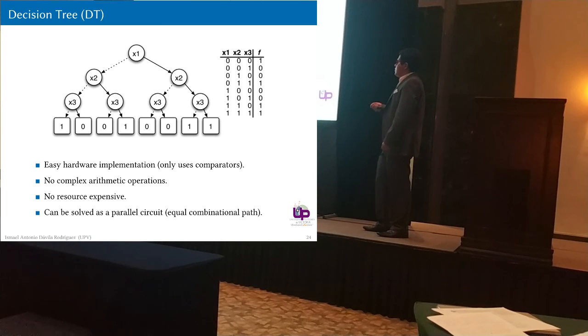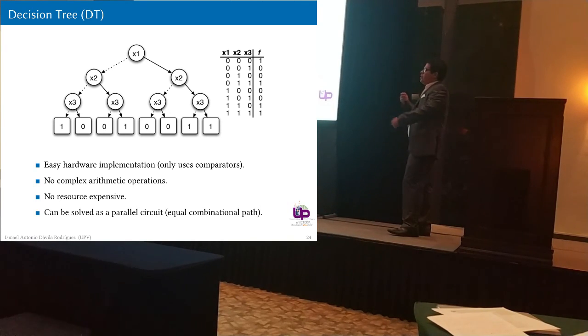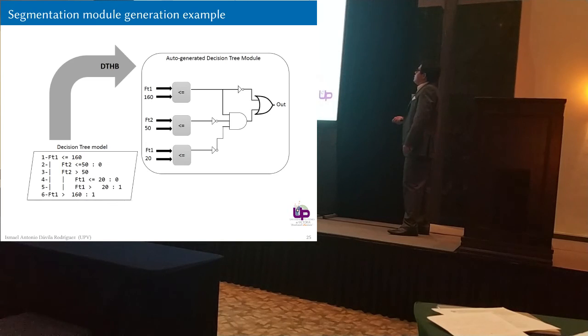And this approach is an easy hardware implementation because you only use comparators, since you only have to compare the feature versus a threshold. It does not use complex arithmetic operations, it's not resource expensive, and it can be solved as a parallel circuit. And let's see the algorithm.